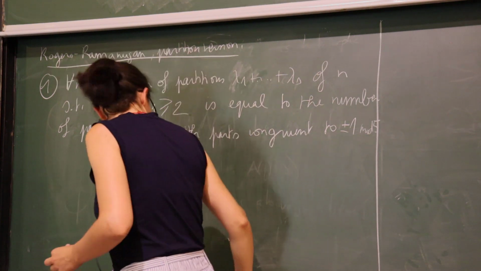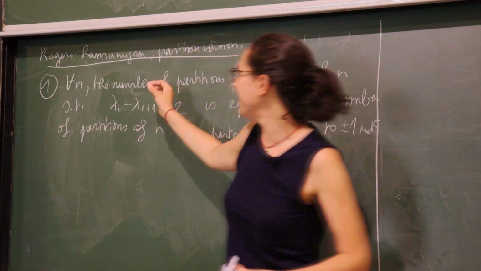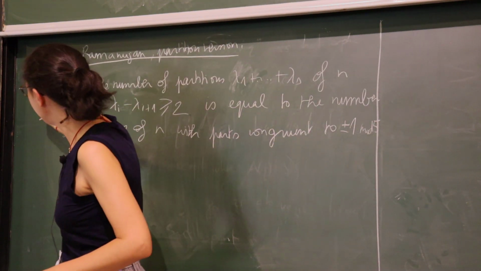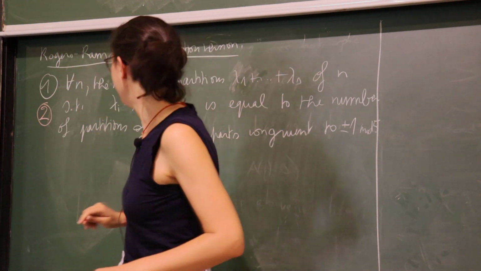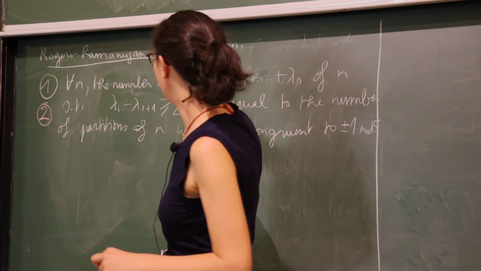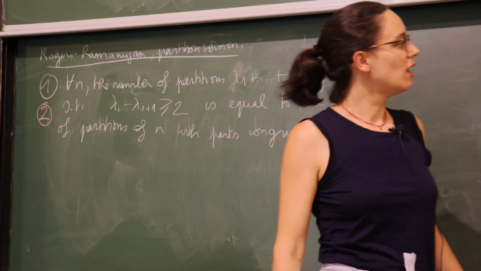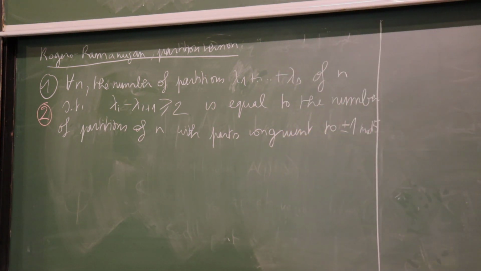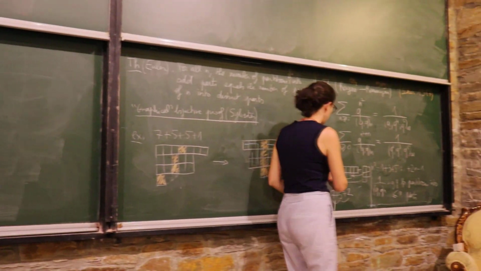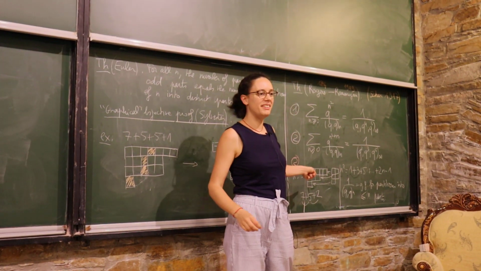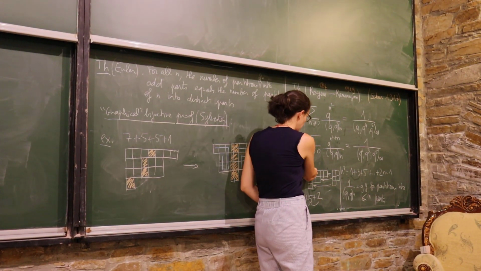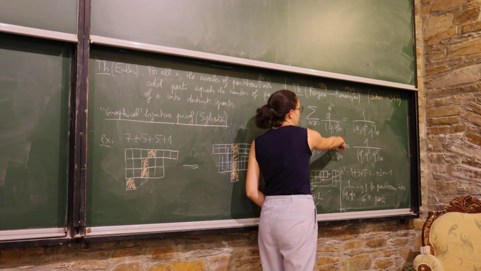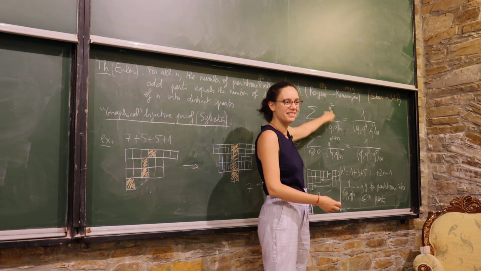Okay, and because I'm slightly lazy to write everything again, I will do the second one with another color. So maybe I'll go quickly back to this blackboard, and it's really the same principle, except you can add. So here you have a difference of n between those two generating functions.